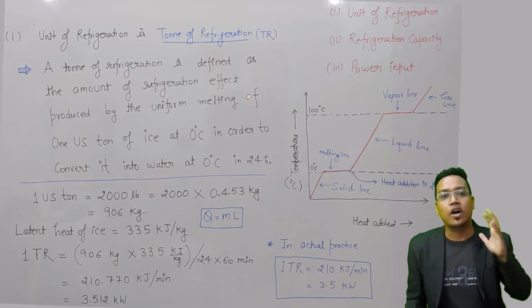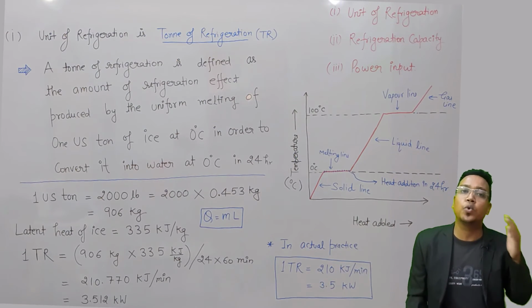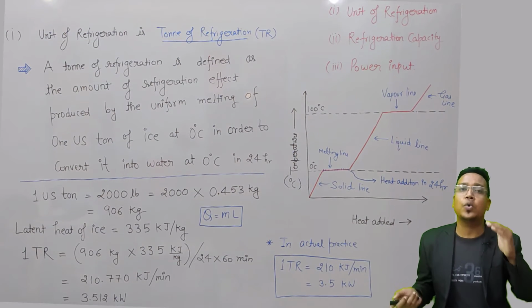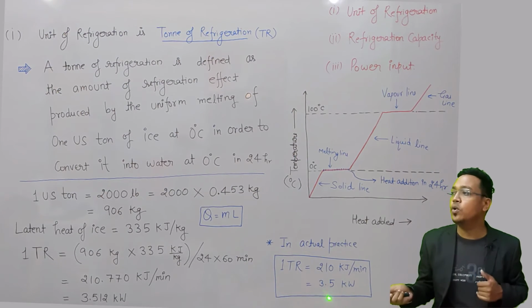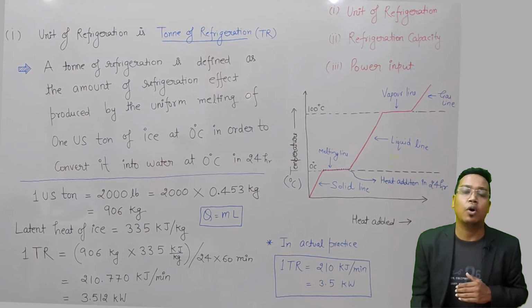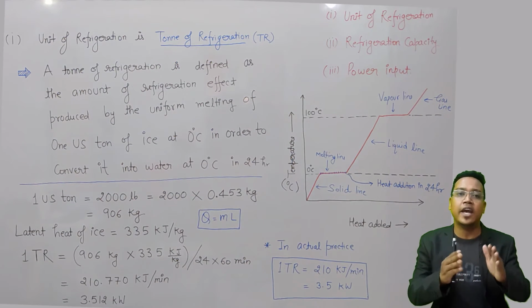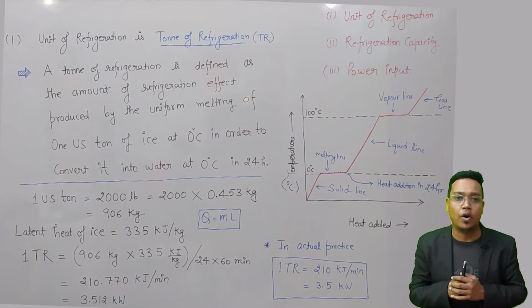If I want to convert 2 ton of refrigeration into kilowatt, what will I do? I will multiply by 2, then that will become 7 kilowatt. In this way, we can convert 1 TR into kilojoule per minute or kilowatt.